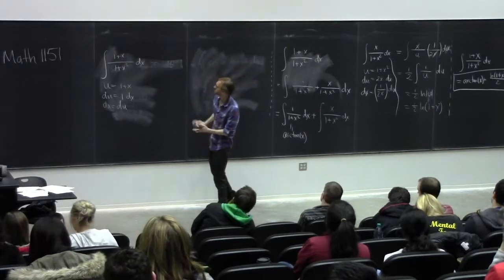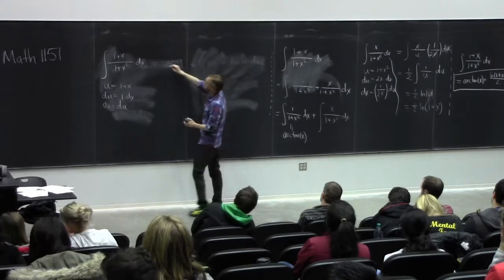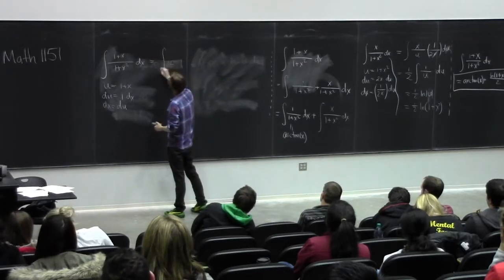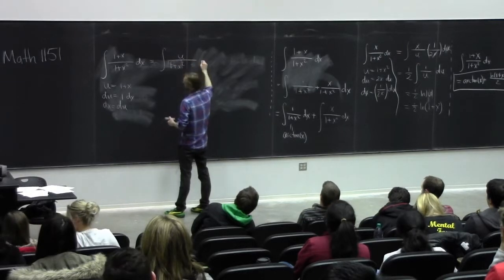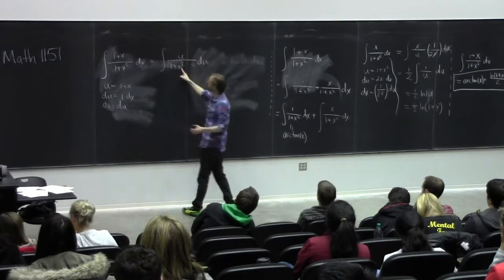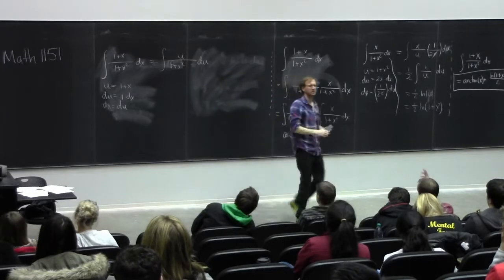So now, what's going to happen is this thing is going to equal the antiderivative of u over 1 plus x squared du. How do we get rid of that 1 plus x squared? Yeah?